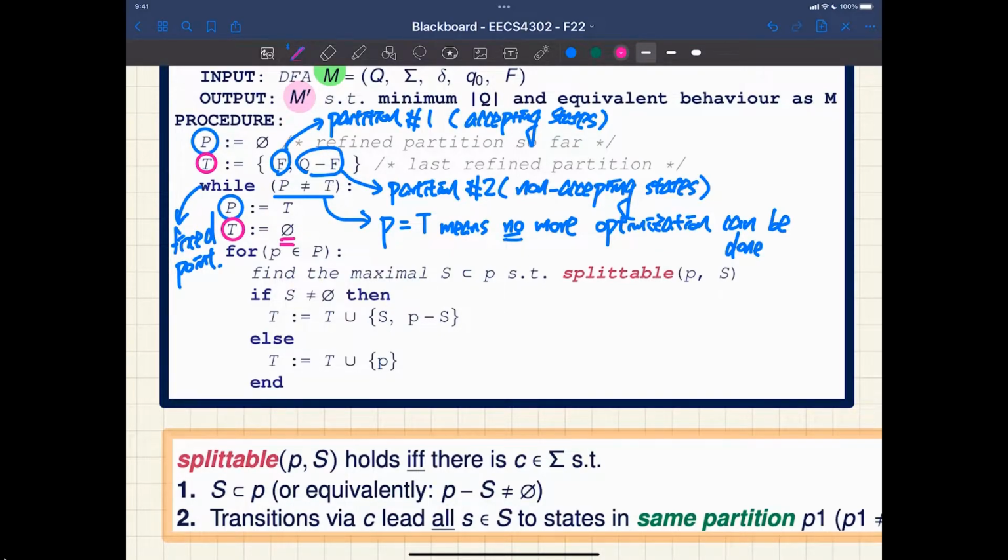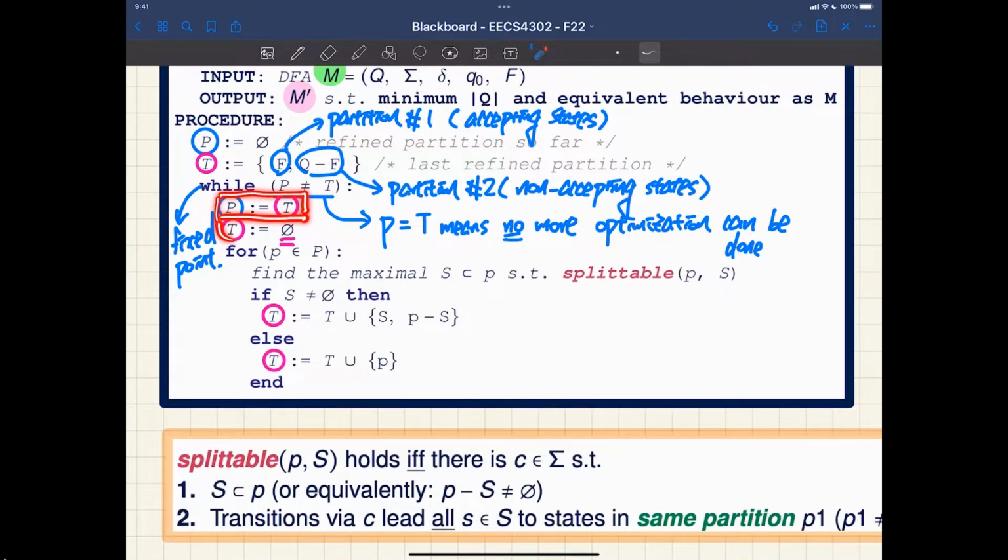Then we're going to do some assignments on T, either over here or over here. And notice that P is initially set to T. So let's try to understand the pattern over here. This is what we're doing. We don't really update the P. P is just going to keep the last value of T.